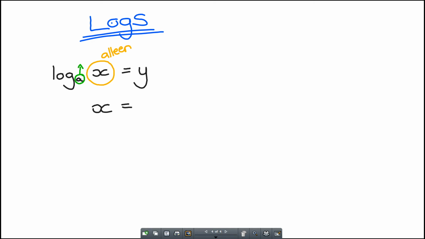Nee? Wag gou. En hierdie enetjie is ook mos that's a normal y, so it's like a whole number. Nee. And that one will also push up. So if this a pushes up from down there, it becomes a whole number. And if that y, which was a whole number, pushes up, it becomes a exponent.